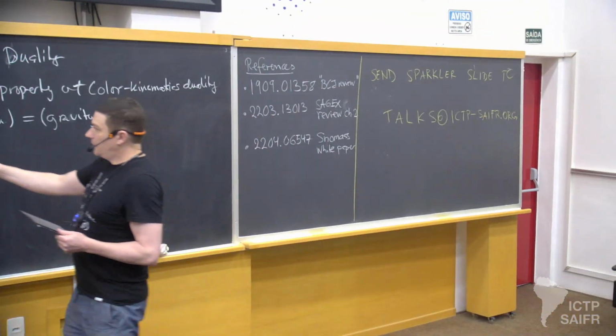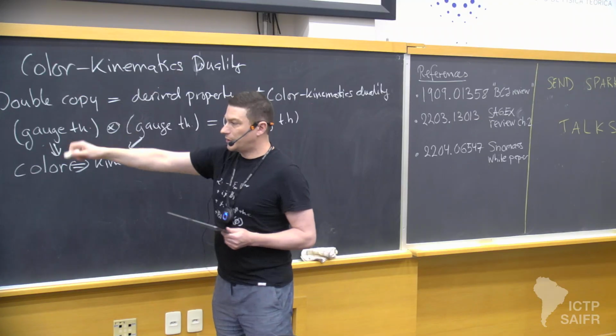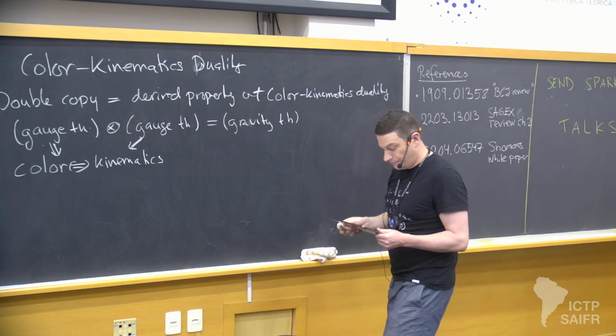If a gauge theory satisfies color kinematics duality, you can plug it into this formula and you can do all the things that I had over there.